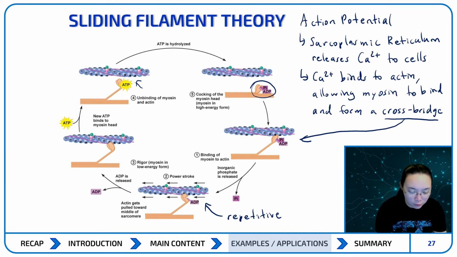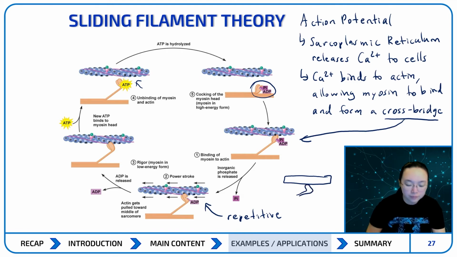So if I draw another diagram here, this is your actin, and this is your myosin head. So in the first iteration of this process, your actin filament is going to move this way. So this is the original position.